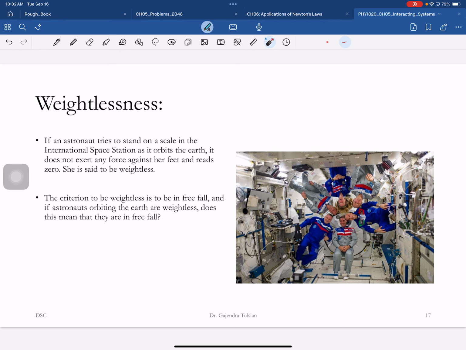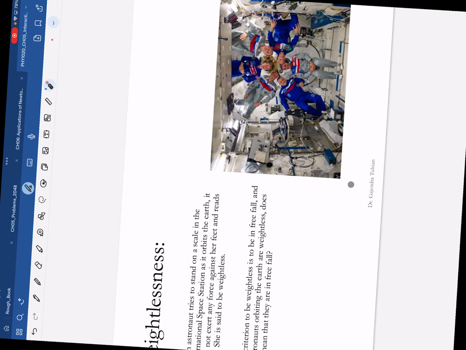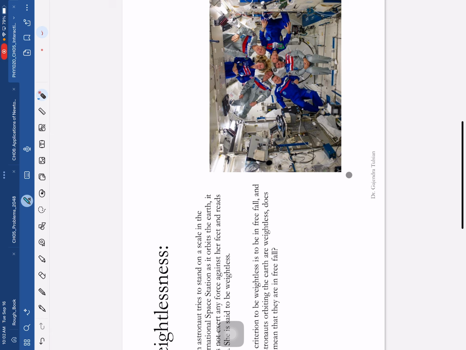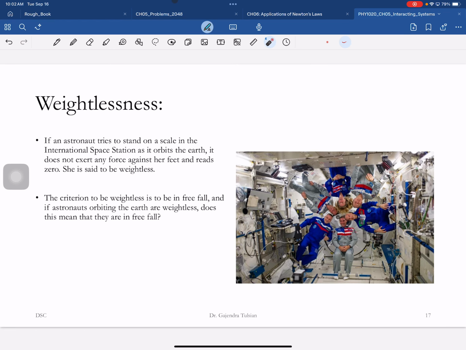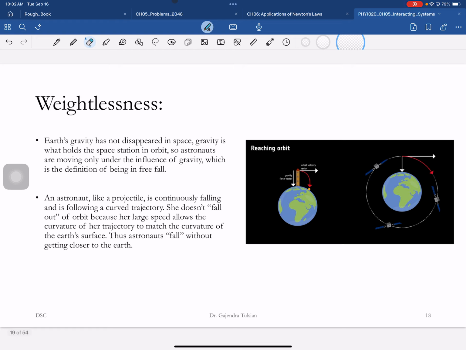How do I eliminate the force of the ground? If I drop the room, you would fall at the same rate as the room, and the room won't exert any forces.